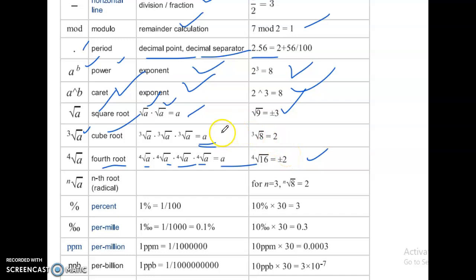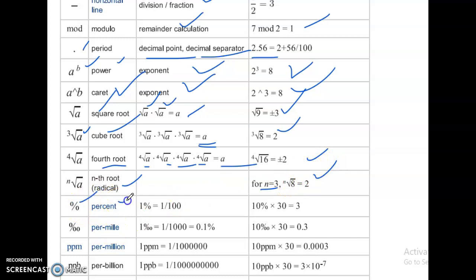Cube root of 8 equal to 2. Nth root, that is for radical: for n equal to 3, nth root of 8 equal to 2.